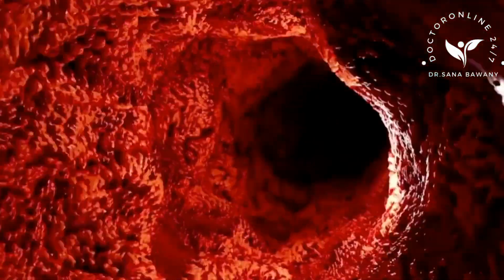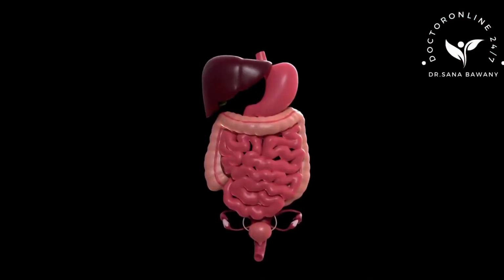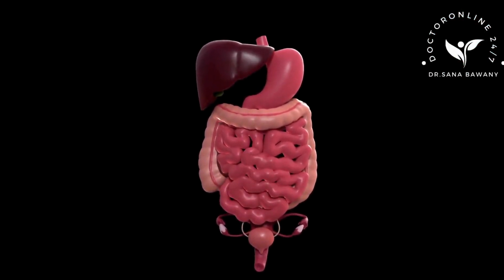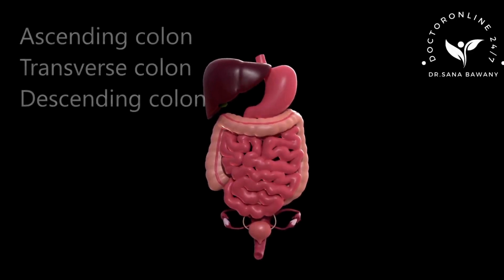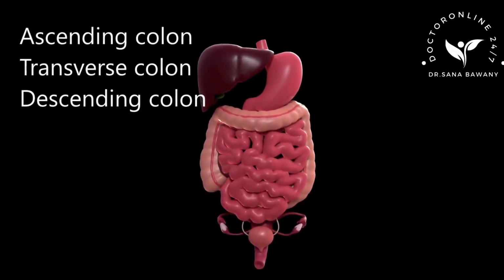They are important for many other tasks, such as the production of vitamins, and the decomposition of fiber for the body's energy production. Many of these bacteria are an important part of the immune system by killing harmful germs. Through peristalsis, the chyme is transported from the ascending colon to the transverse colon to the descending colon.